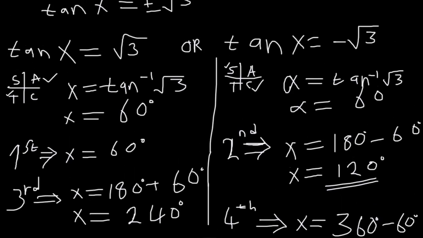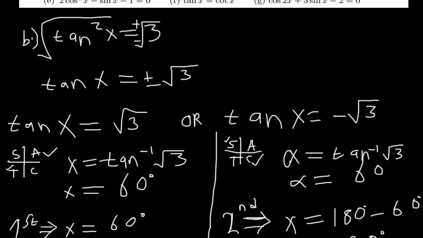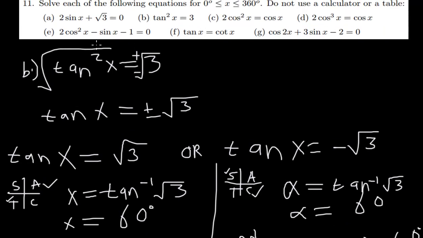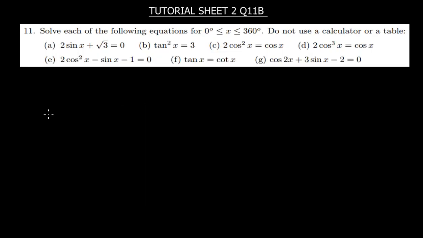Okay, so let us also try to solve D. Let's see how we can solve D. So D is 2 cos cubed x minus cos x is equal to 0.